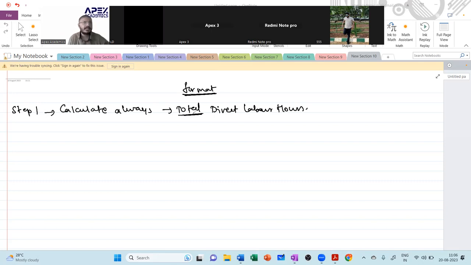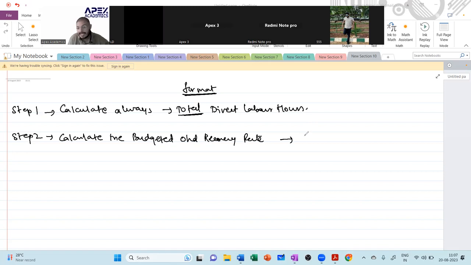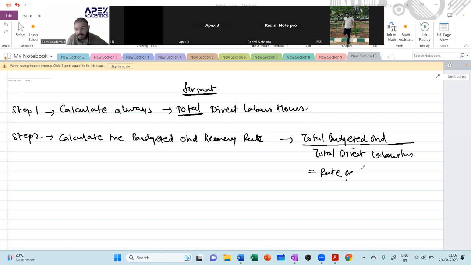Step number 2: calculate the budgeted overhead recovery rate by taking the total budgeted overhead and dividing it by the total number of direct labor hours. This will be the rate per hour. I will call this the hashtag rate.